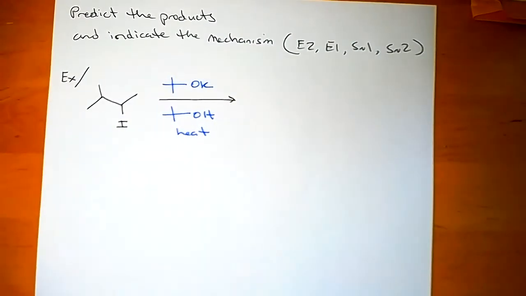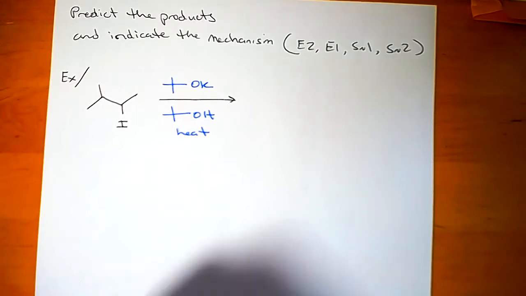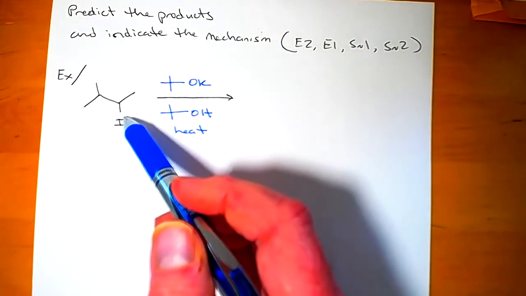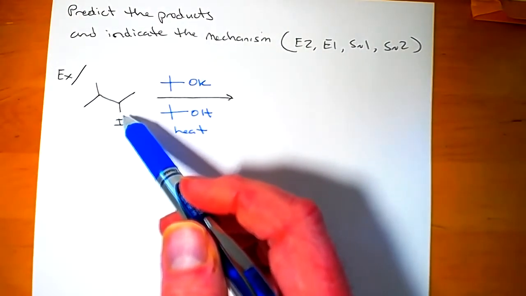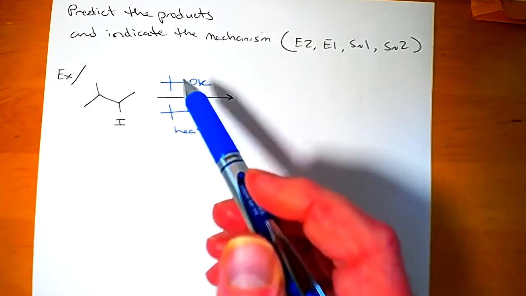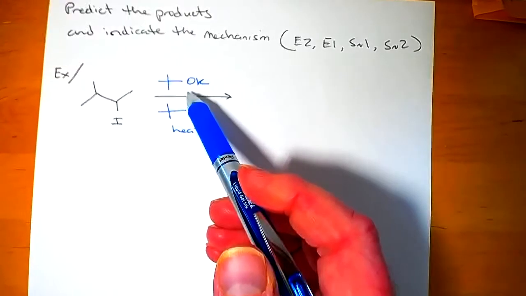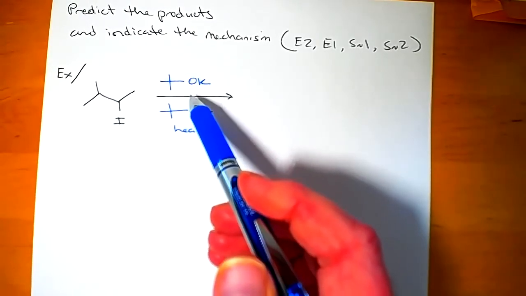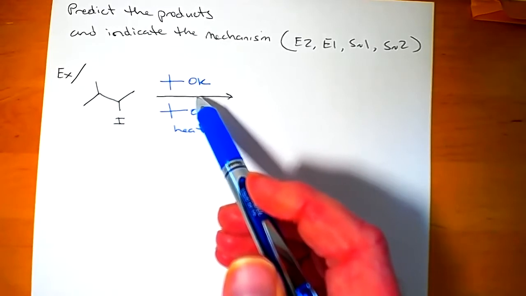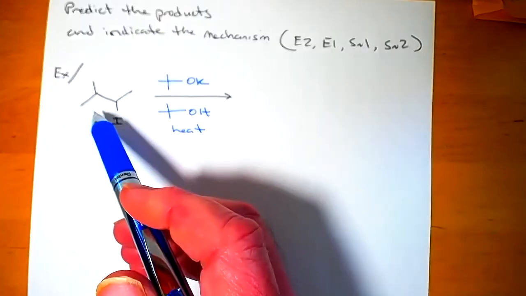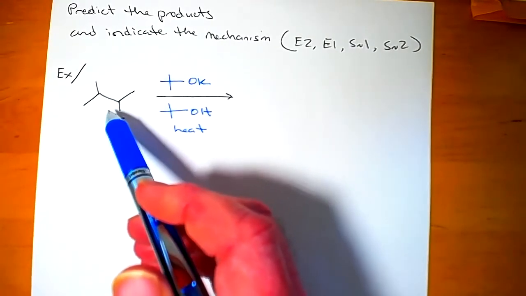Okay, so we're going through our mental checklist. Do we have a good leaving group? Yes. Okay, we do. Do we have a good, strong base nucleophile? Yes, we do. Are there sterics in that? Yeah, there's definitely sterics in here. Do we have beta hydrogens present in the system?